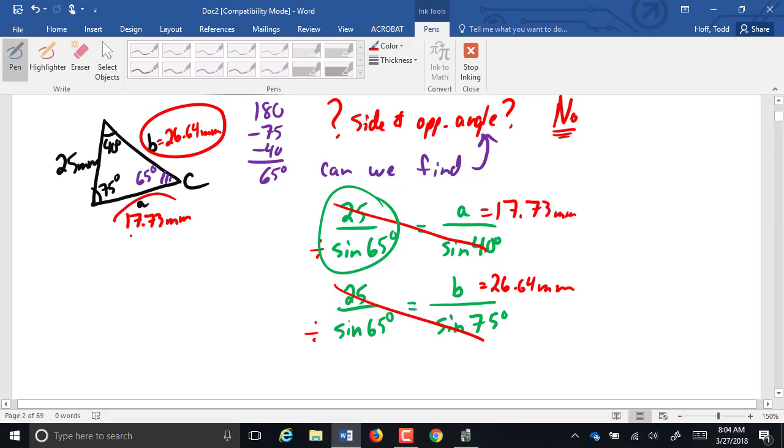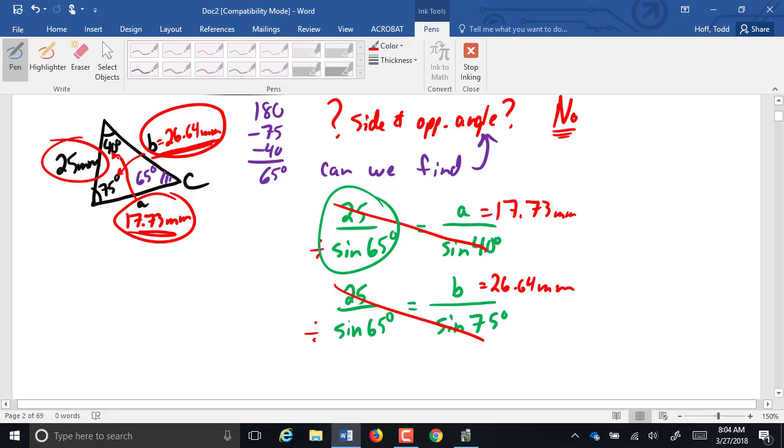Now, as I look at these sides, one thing I can do to double check is, do these sides make sense? Which is my biggest side? 26.64, right? Is its opposite angle the biggest angle? Yes, it is. 75 is the biggest angle. My smallest side is the 17.73. Is it opposite the smallest angle? Yeah.